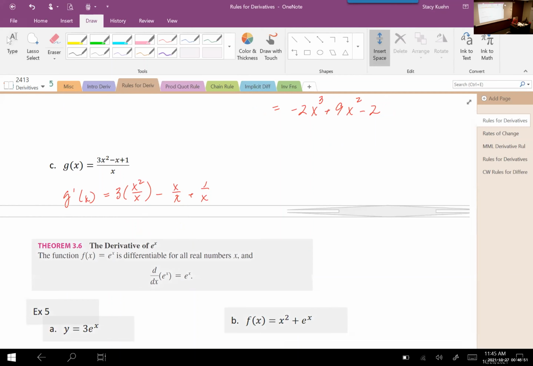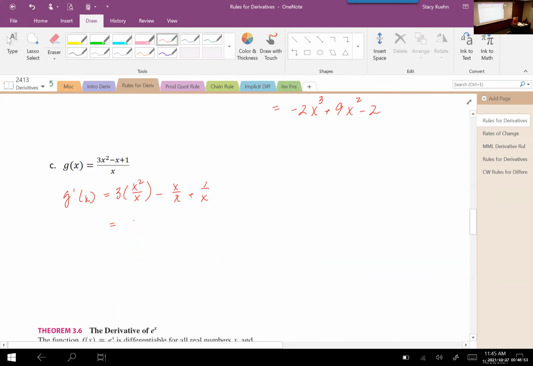I'm just simplifying here. Leaving me with 3x minus 1 plus 1 over x, which I'm going to change to x to the -1.